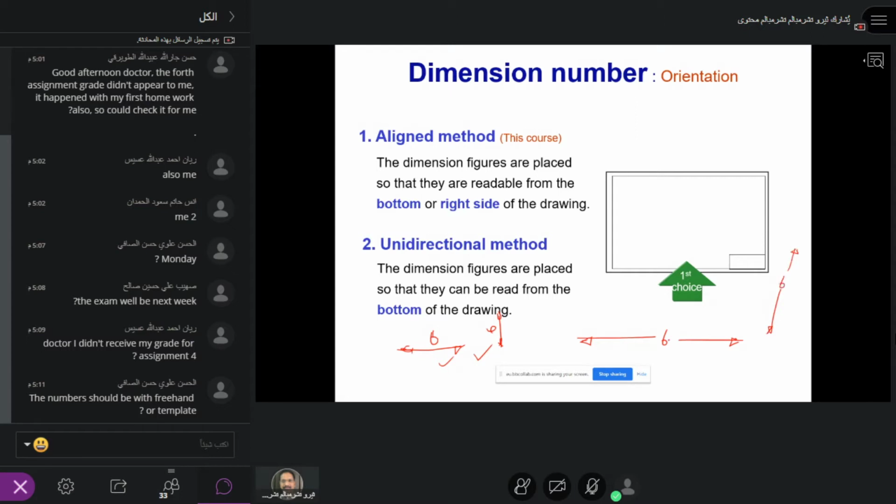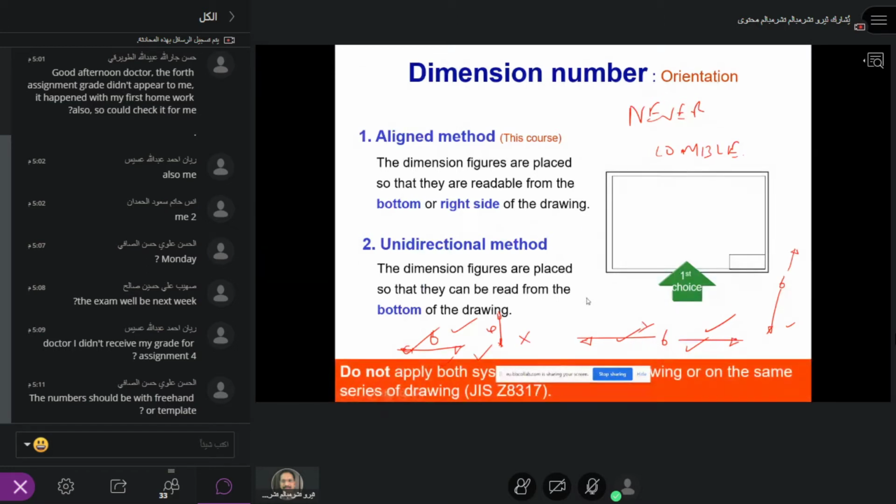This is also correct. So either way, but you should not combine them together. If you use this method, use it throughout the drawing. Use the aligned method throughout the drawing. Never combine the two methods. Only one method, aligned method or unidirectional method. You understand me?